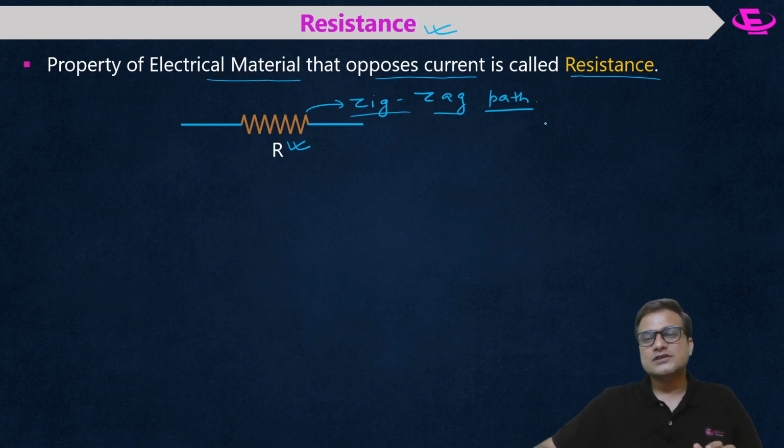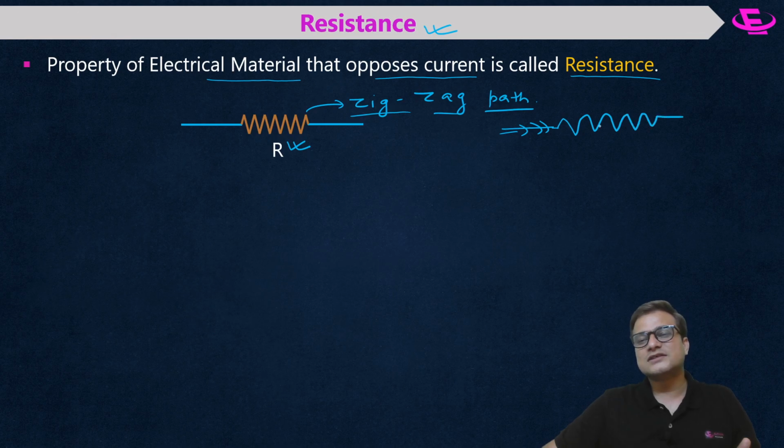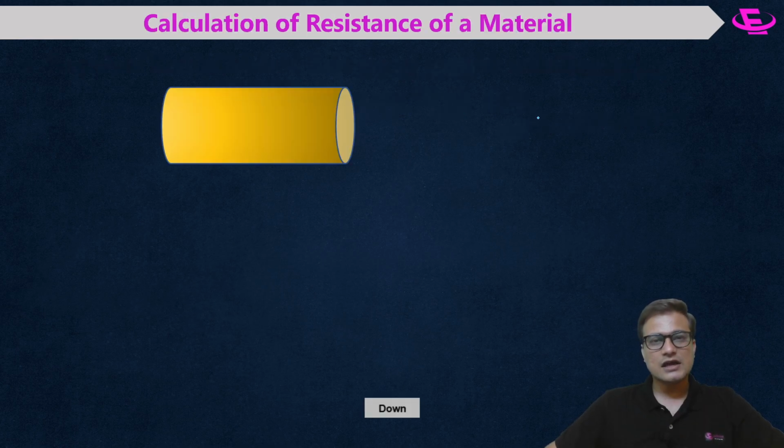Suppose water is flowing like this. Now if something opposes the water, how can the water be opposed? If you have some path like this, then the speed of the water will be reduced. That's why resistance is represented by a zigzag path.